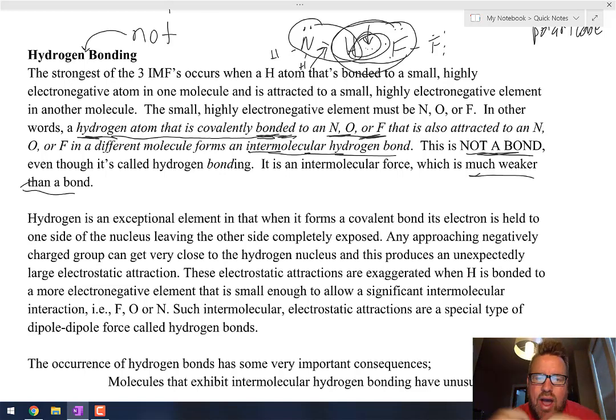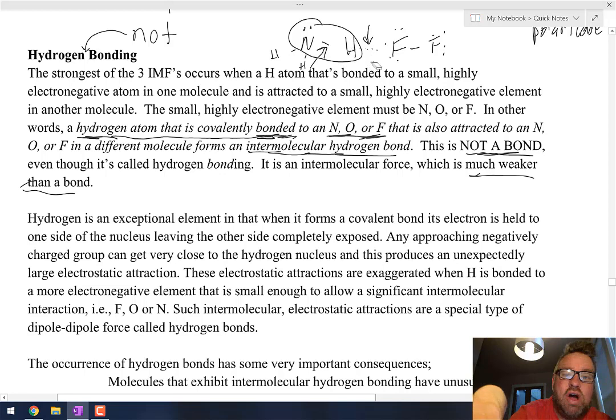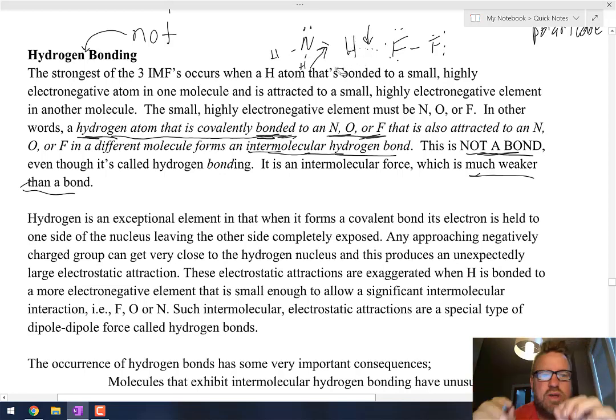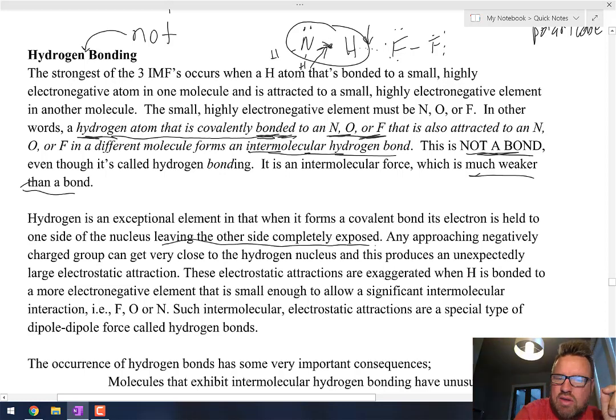Okay? Now, of the three types, hydrogen bonding is absolutely the strongest type of intermolecular force. If it has hydrogen bonding, it will have the strongest intermolecular forces. Part of the reason why is that hydrogen has one electron, and it is on one side. Like here in this bond, the hydrogen electron is over here, and that leaves the other side completely exposed.